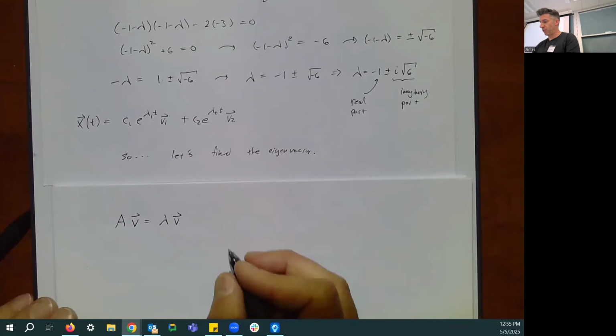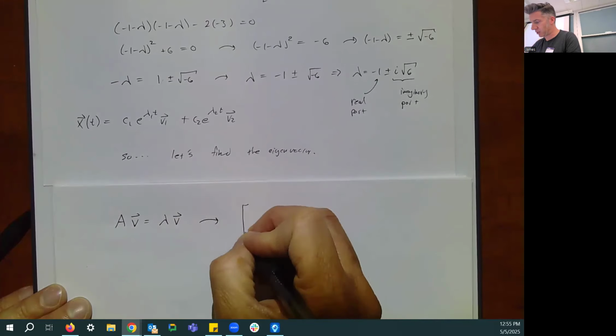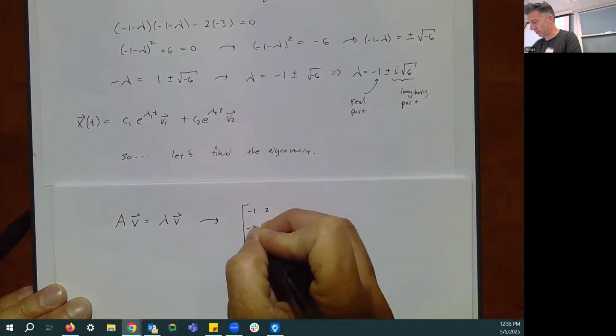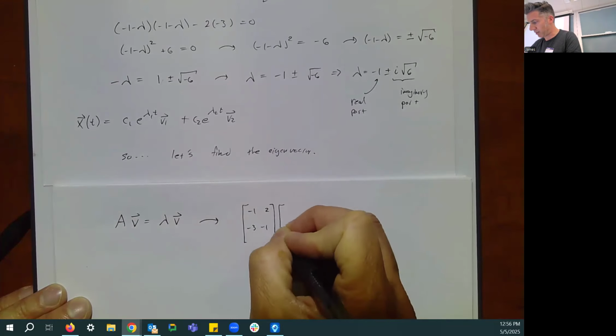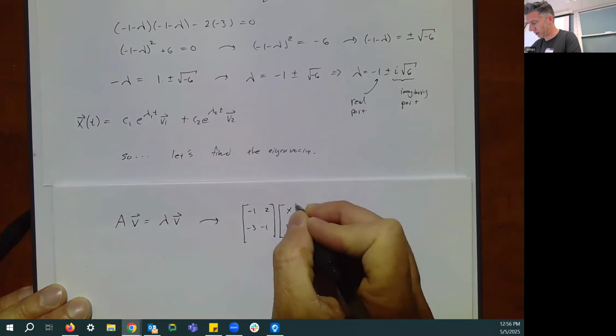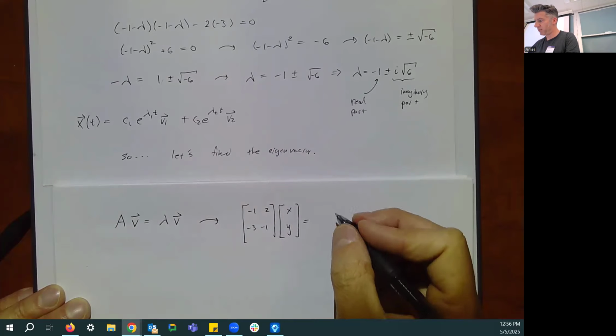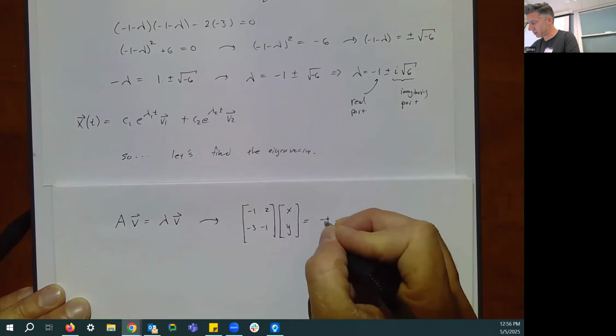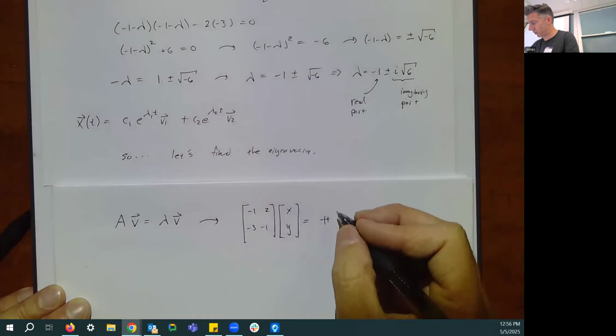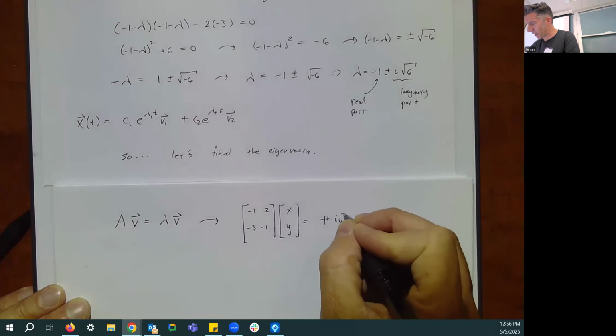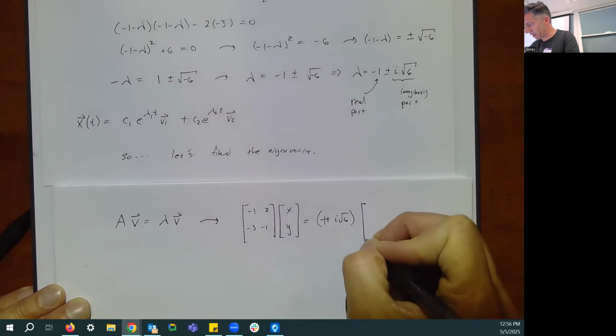In this particular example, that would mean we'd be writing down the matrix [-1, 2; -3, -1] multiplied by the eigenvector we're trying to find, equal to -1 plus, and we'll do the plus one first, plus i√6 times the unknown eigenvector.